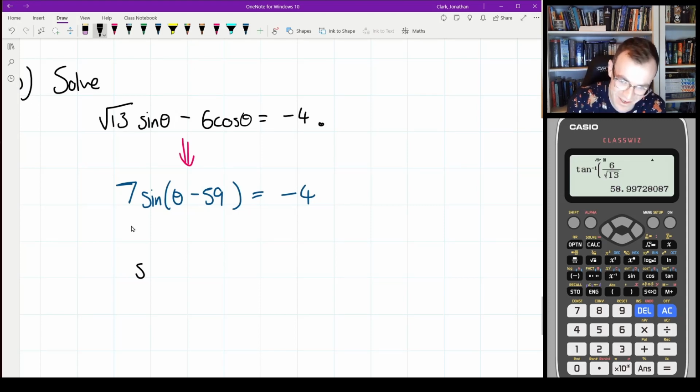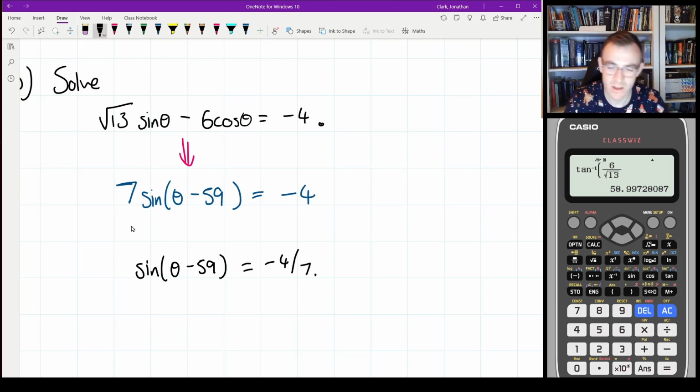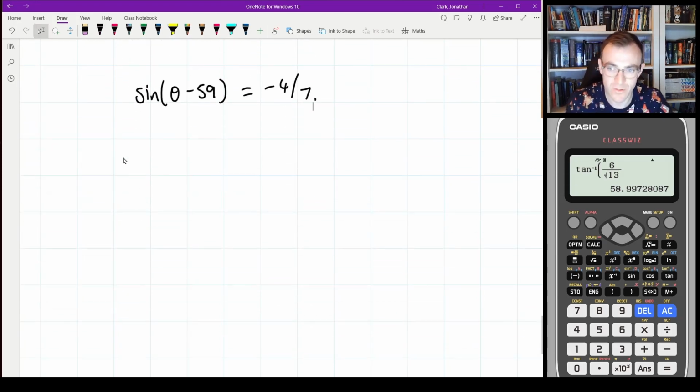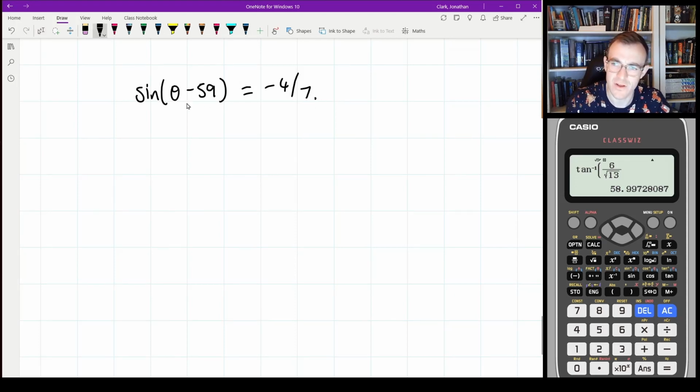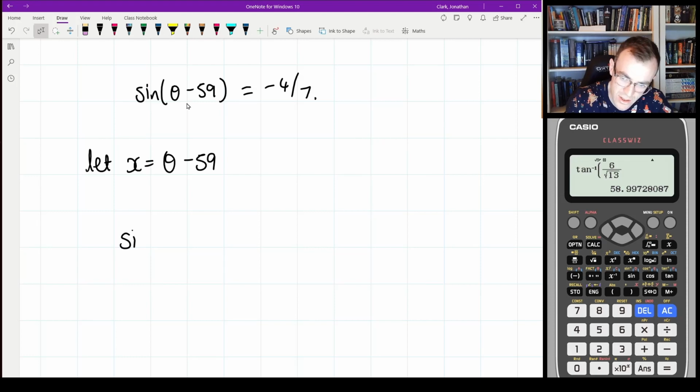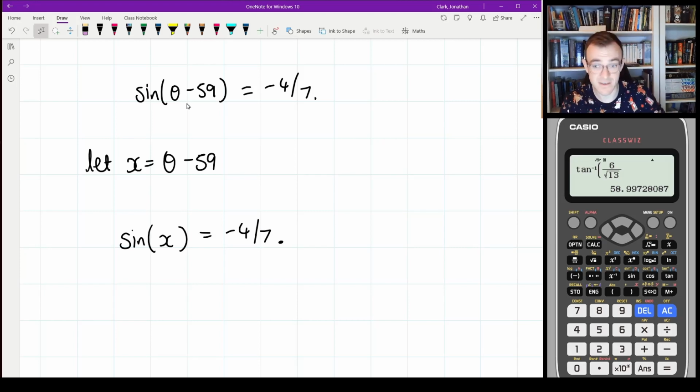I'll take the 7 down. And now I've got a trig equation. I don't really like the argument being different here, so I might say let x equals theta minus 59. So now I have this instead. Easier to deal with.